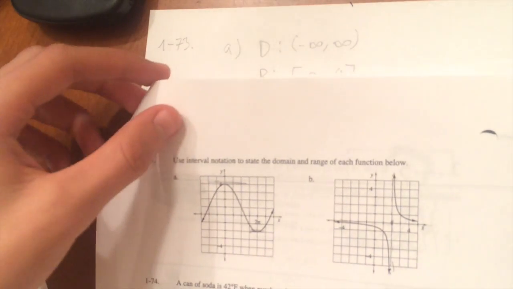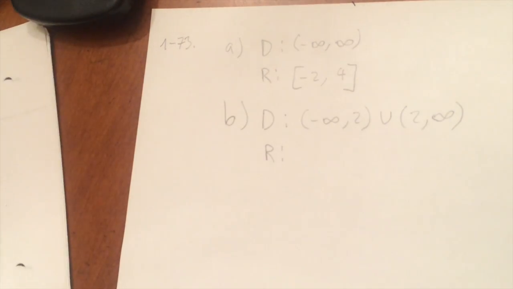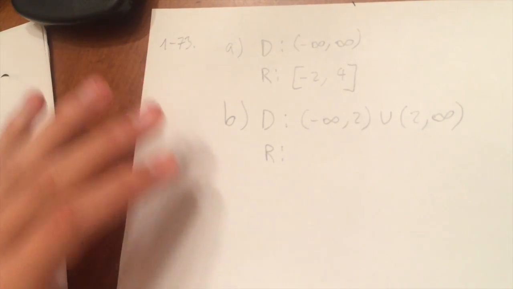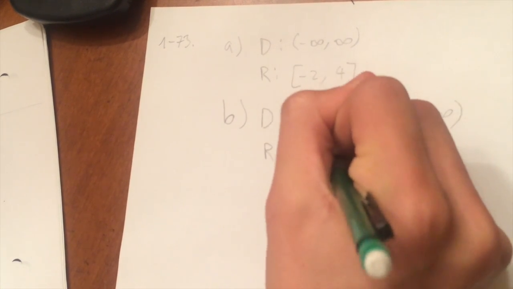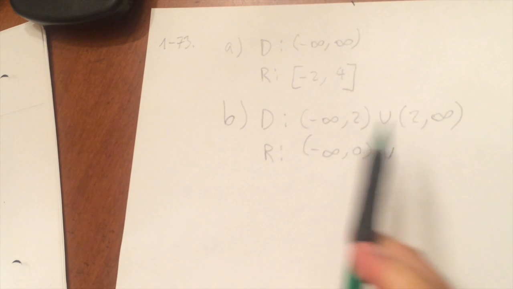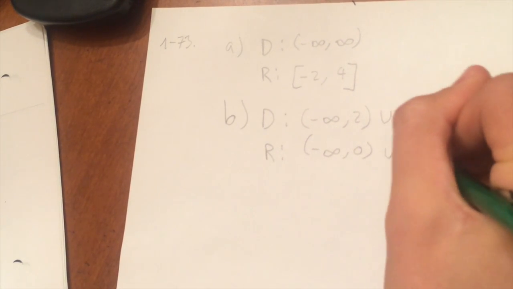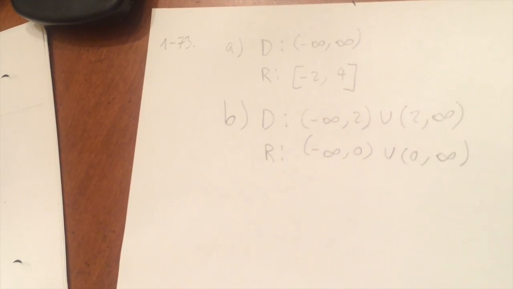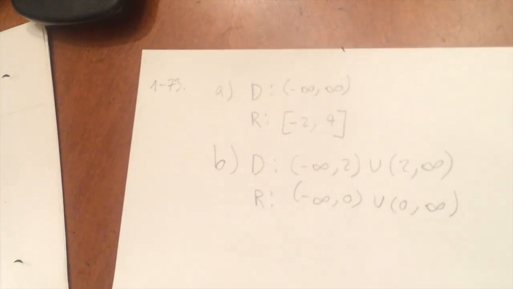So again, we'll use the same process that we did for the domain, and the range will be from negative infinity to 0, union joining 0 to infinity.